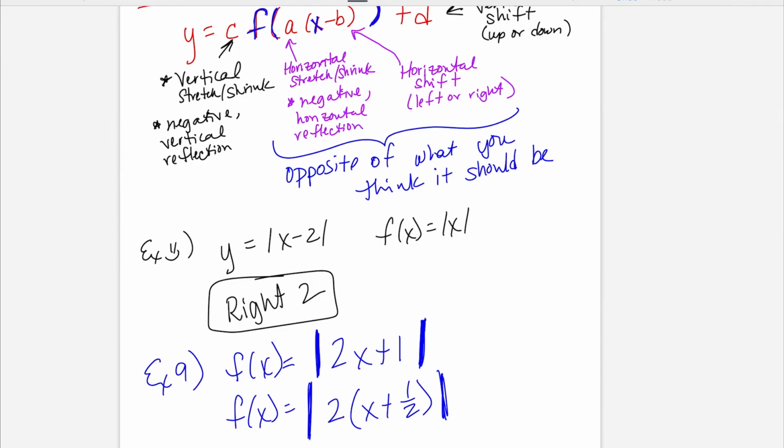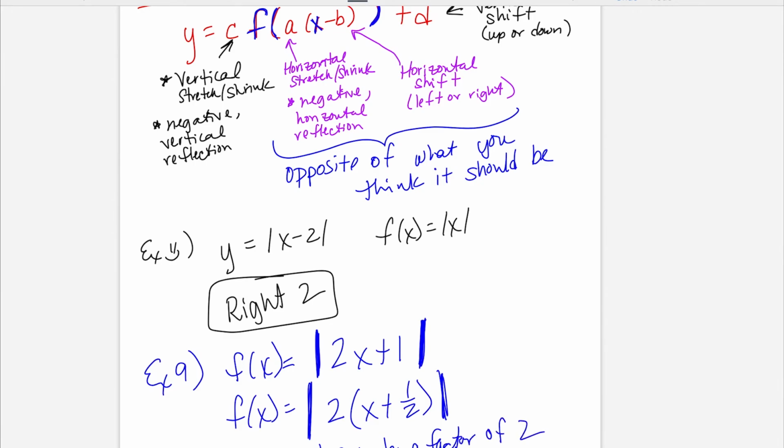Now, I'm looking at this a, and remember anything horizontal is opposite of what you think. So it's going to be a horizontal shrink, good, by a factor of 2.